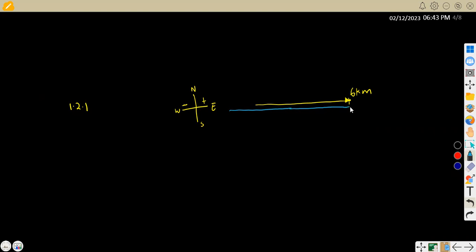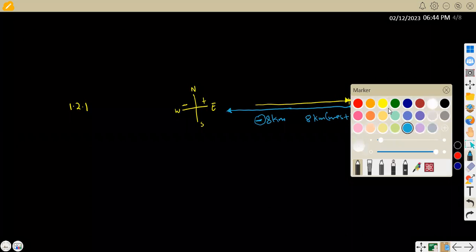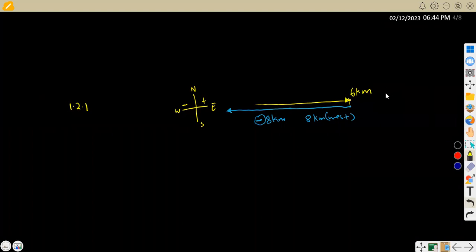The man is starting from this point going to the west, and whenever you are going to the west, that's a negative. So this can be represented by negative 8. It simply means 8 kilometers to the west, but know that it carries a negative, and this is 6 kilometers to the east.